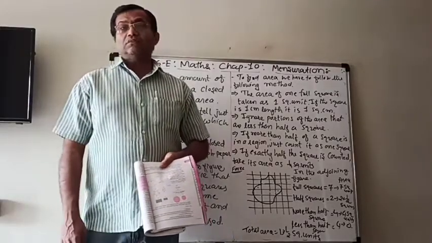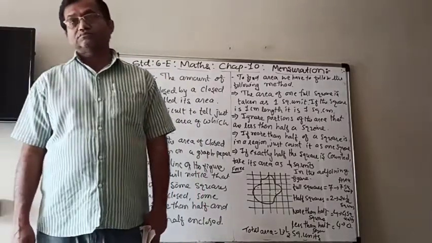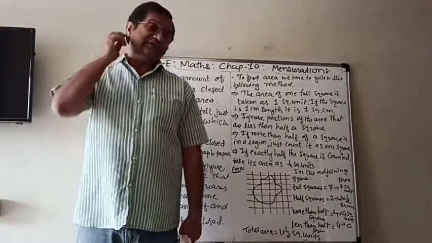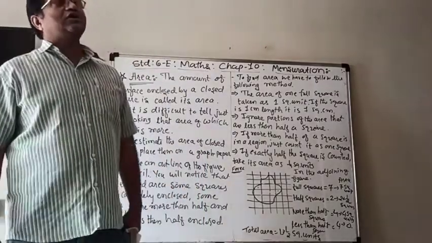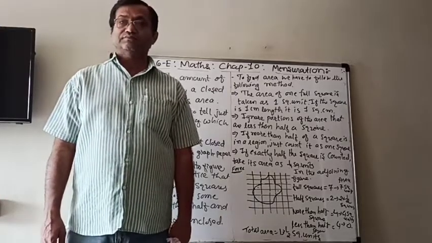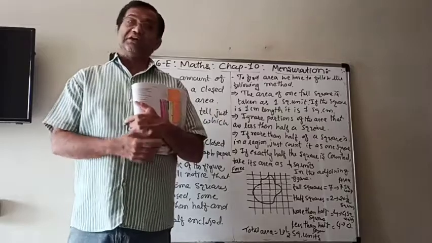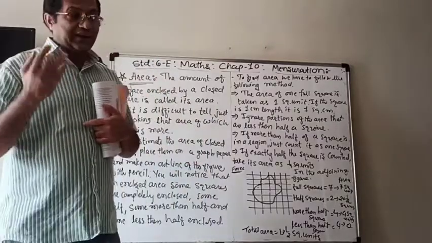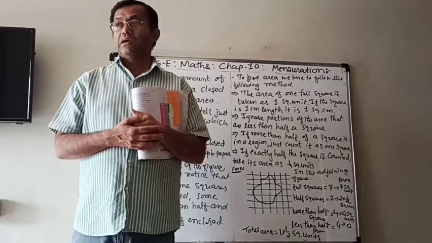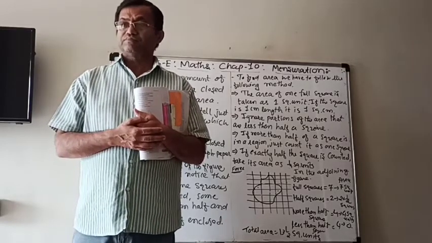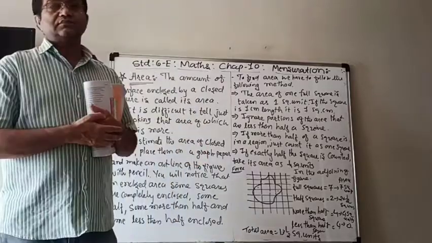Now, we are going to learn about the area. What actually the area is. We are familiar with so many closed figures, like a circle, a square, a rectangle, a triangle. But there are some irregular shapes also.